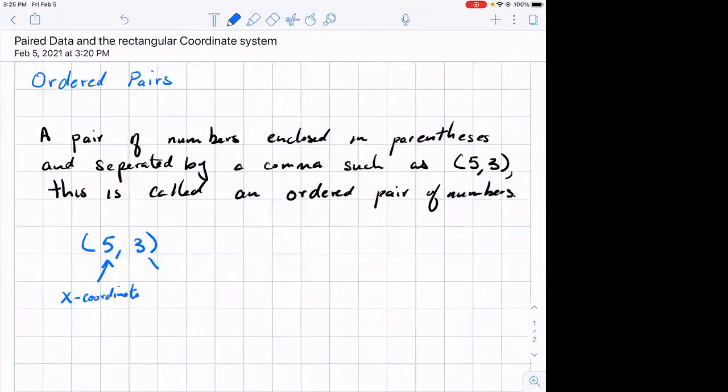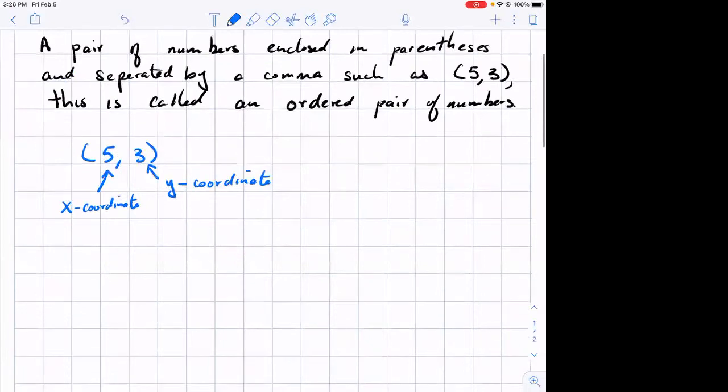And this value here is the y coordinate. And that's why we sometimes refer to them as the xy. Sometimes when we write 5, 3, we say this is x and that's y.